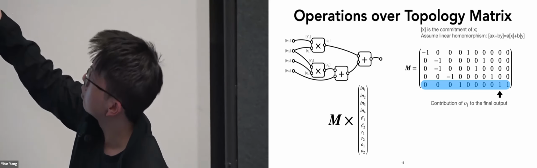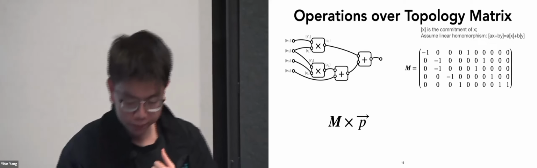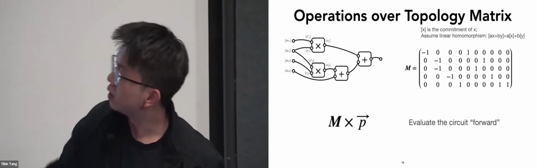Essentially, when I say M times P, what I really do is just evaluate the circuit forward.